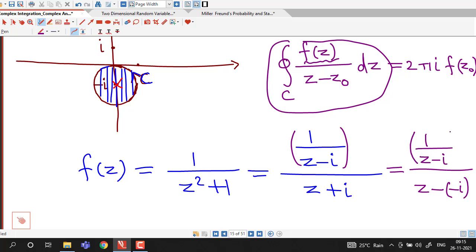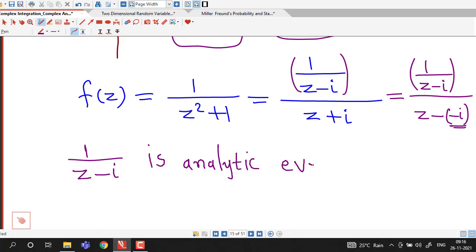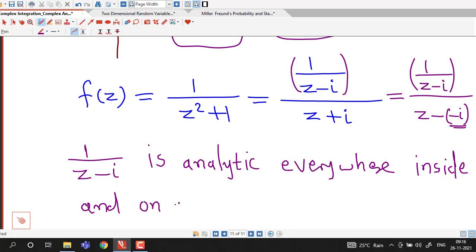So this function 1 over z minus i is analytic everywhere inside and on this simple closed contour C, which is a circle, and z equal to minus i is interior to this simple closed contour C. So minus i belongs to the interior of C. First we write that this 1 over z minus i is analytic everywhere inside and on a simple closed contour.